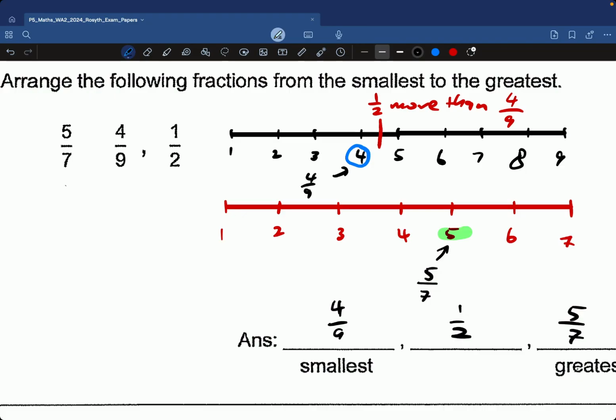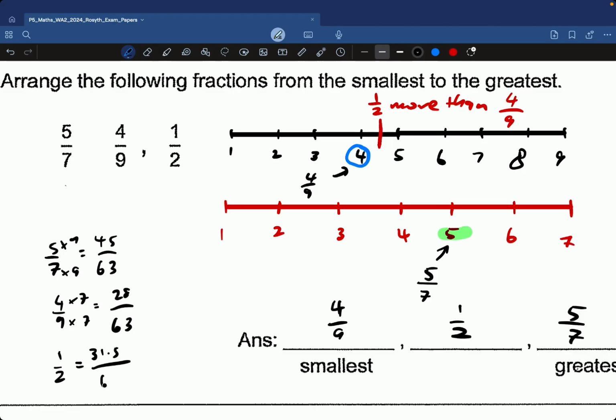So 7 times 9. 5 over 7 is equal to 45 over 63, because we multiply by 9. And then 4 over 9 over here, we multiply by 7. Then this will be 28 out of 63. So half of 63 is roughly around 30, because this is just a rough estimate.